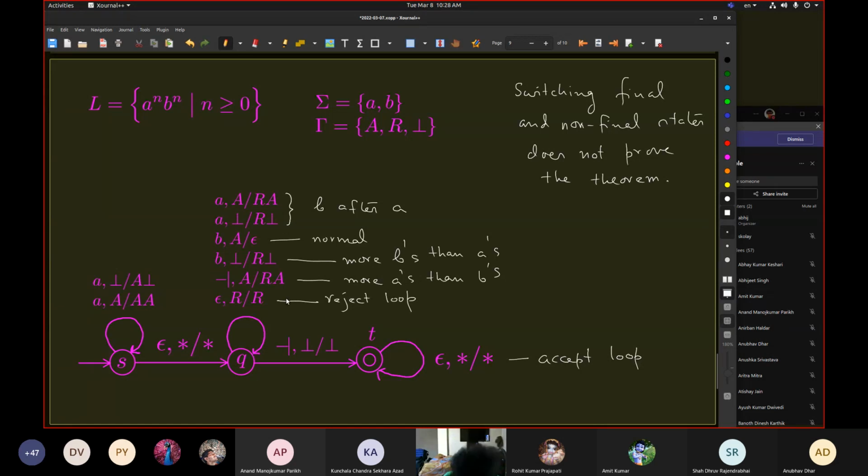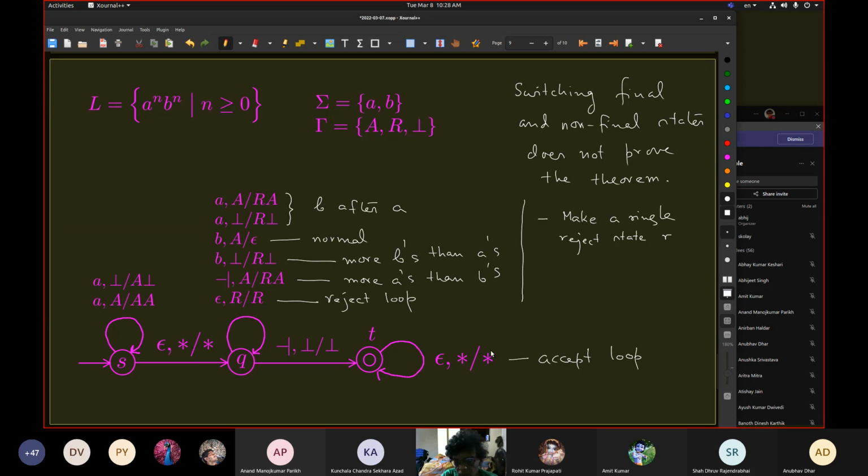Okay. So there are two things in the proof, actually. One, make a single reject state R. This R is reached after consuming, I would say, the entire input. Okay. And then it will keep on doing this loop.